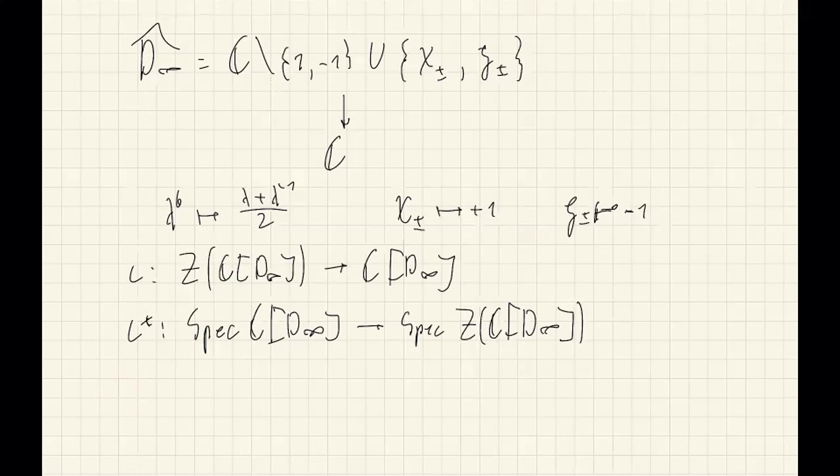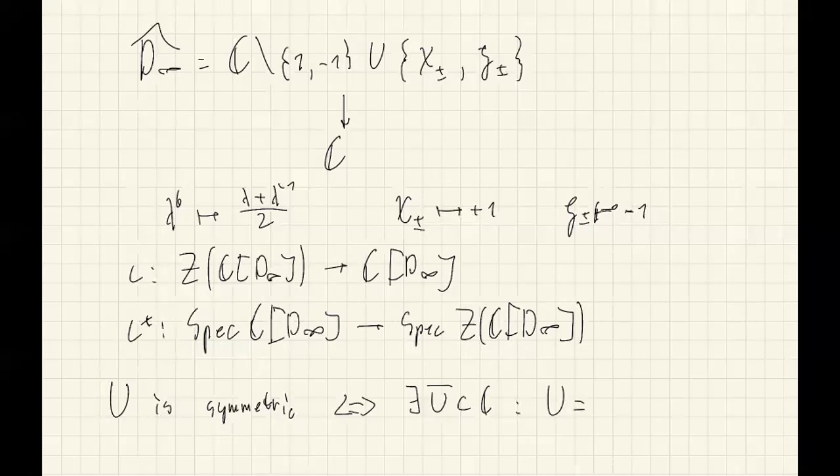Y is symmetric if and only if there exists U bar subset of C such that U is the inverse image of U bar.